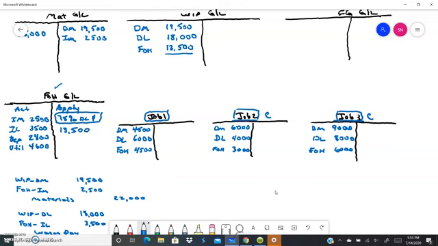And so the entry here would be to debit, again, we're talking just about general ledger accounts, debit work in process for 13,500 and credit factory overhead right here for 13,500. So that's how we've allocated all of our costs for the month into each job.